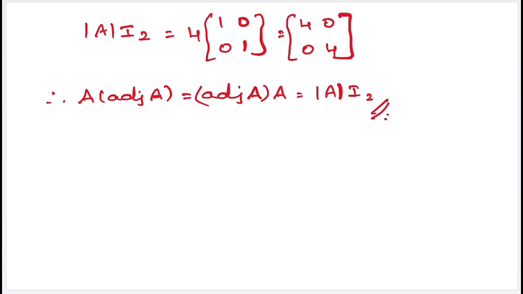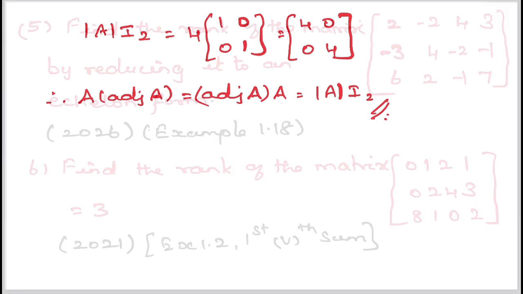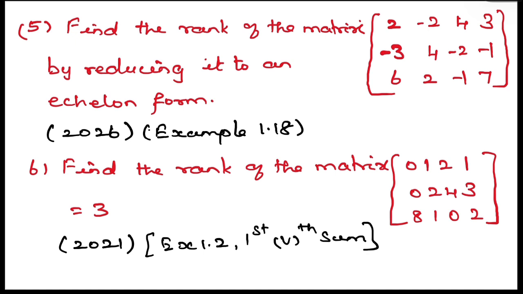Now compare the results and see whether they are identical. So here they are identical. So therefore A of adjoint A is equal to adjoint A of A is equal to determinant of A into I2. Hence verified.